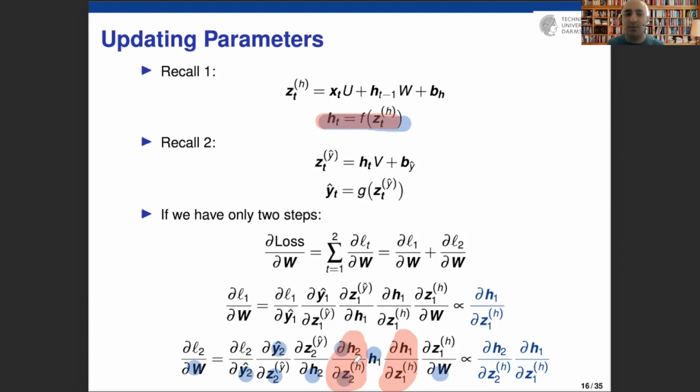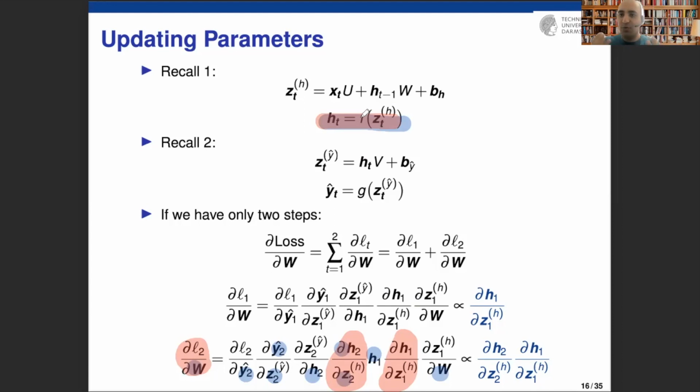If we look at these two, we say that the gradient of L2 with respect to W is a factor of the gradient of this activation function, but since it happens in the second step, it is a factor with magnitude 2 of this activation function.